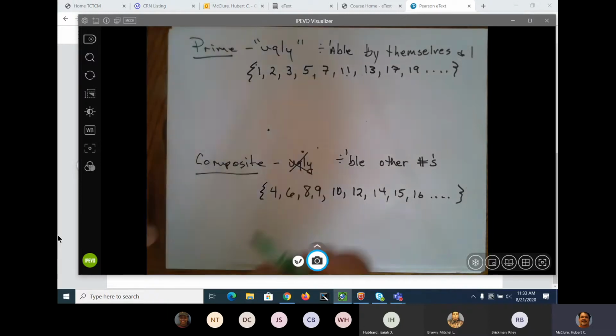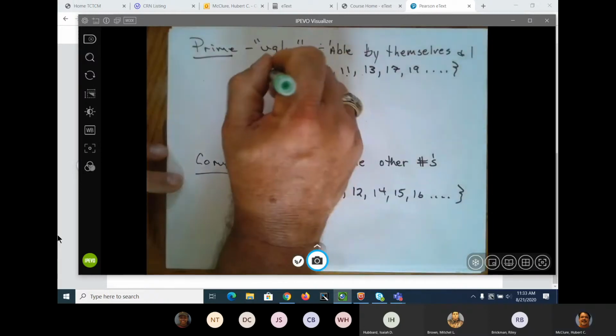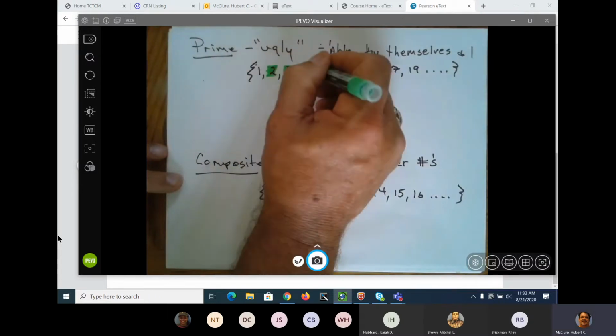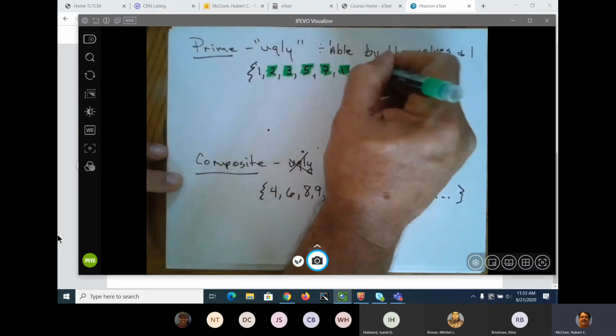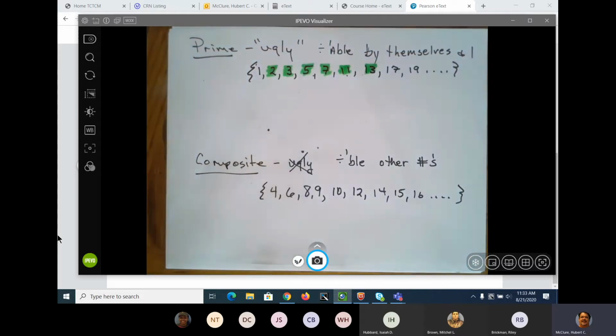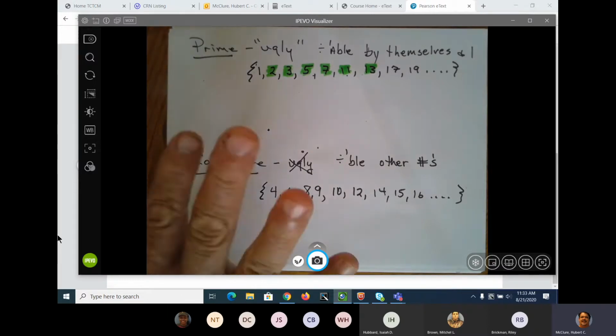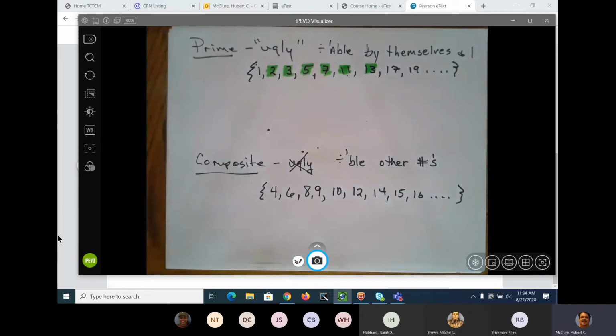So I'm going to highlight this guy, this guy, this guy, this guy, this guy, and this guy. Those 6 numbers right there, we're going to use them later, okay? We're going to use them later because they're going to help us find the least common multiple and the greatest common factor. All right, so hopefully right now everybody understands the difference between a prime number and a composite.